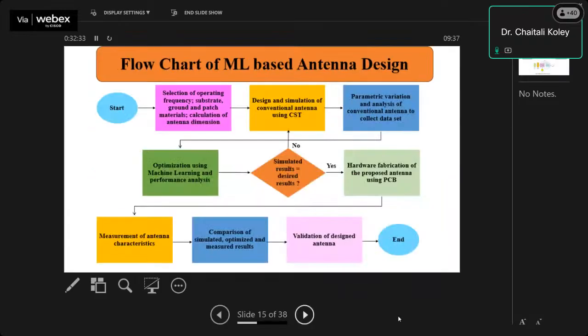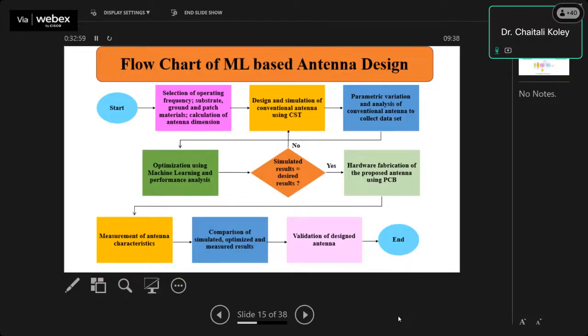So what will be the flow chart of machine learning based antenna design? If you see, this is a flow chart. First, you have to select the operating frequency, substrate, ground plane, then patch material. Then you have to calculate the antenna dimensions.